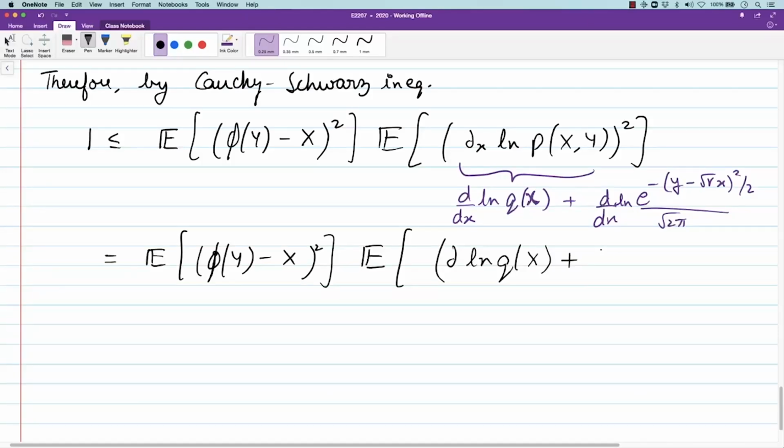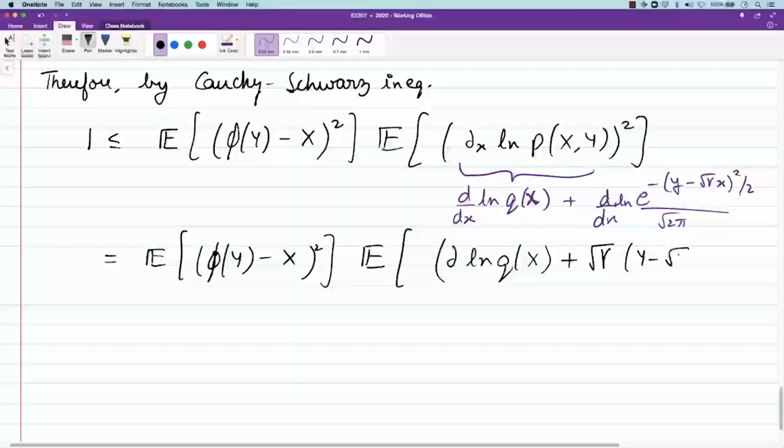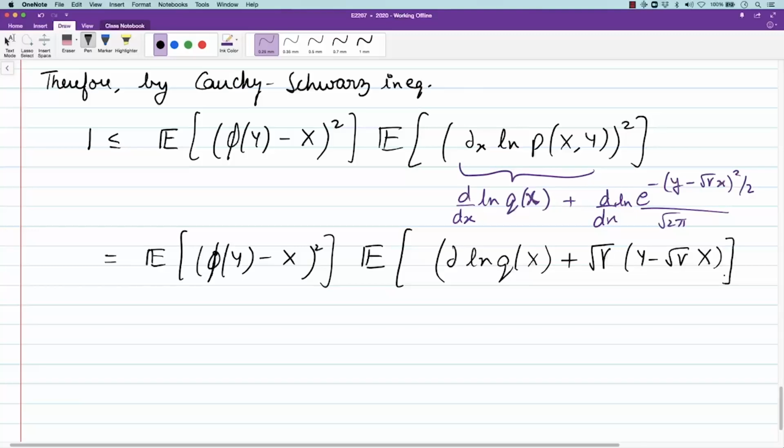This is root gamma into y minus root gamma x, and whole square.